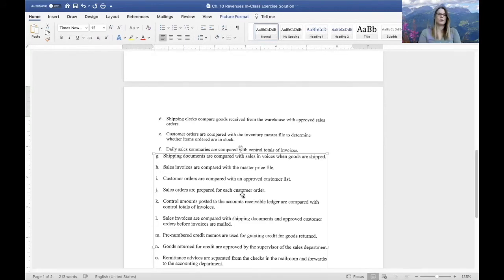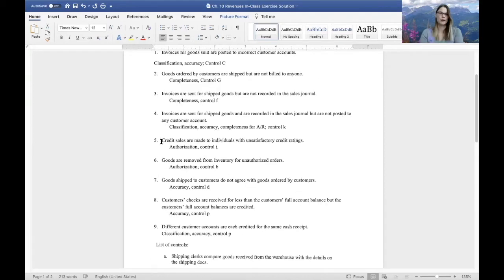So if you pick something like Control J, I would say go back and re-review the documents that were a part of the sales process, because the sales order is what you receive at the very beginning, right? The customer order comes in and I prepare the sales order, and that happens before goods are even shipped out. So this has nothing to do with after goods being shipped, the customer needs to be billed.